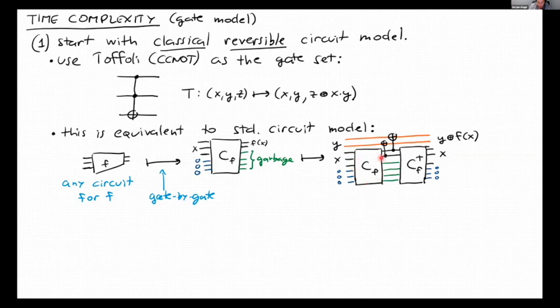I'm going to apply this C_F circuit first. Then I'm going to copy the outputs to this extra register, and then I'm going to undo C_F. So this will have the effect of implementing what I'm going to call U_F, this map from (x, y) to (x, y XOR f(x)). This is now clearly a permutation. It's a reversible circuit implementing this original function f, and it has the property that whatever ancillas we used, we put them back in the state that they started in.